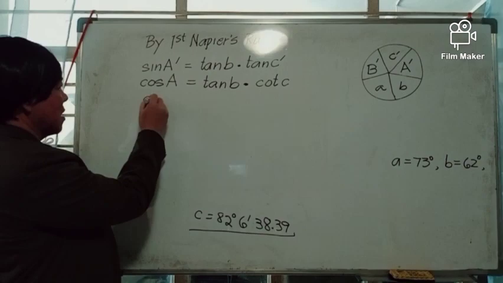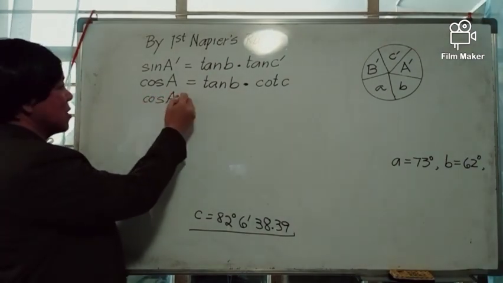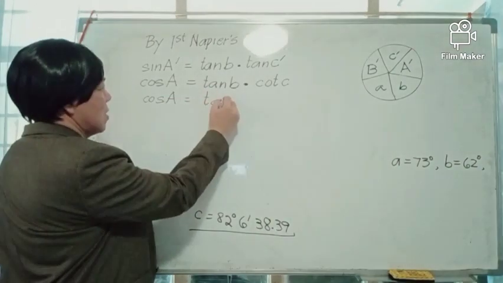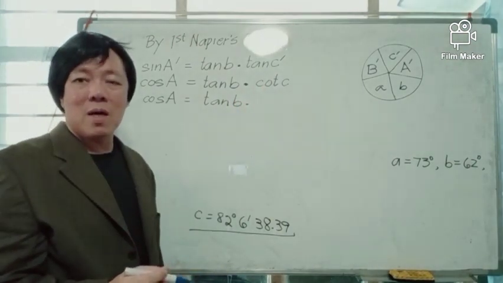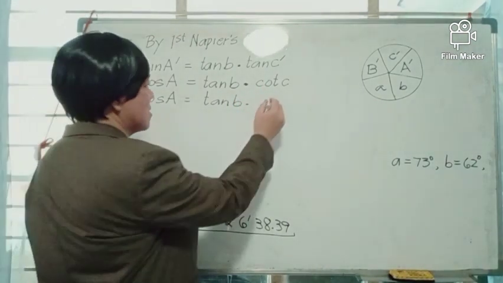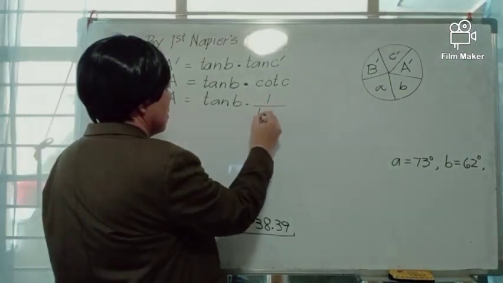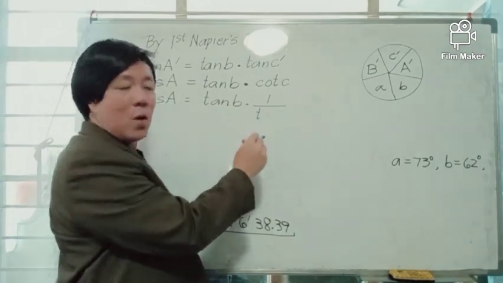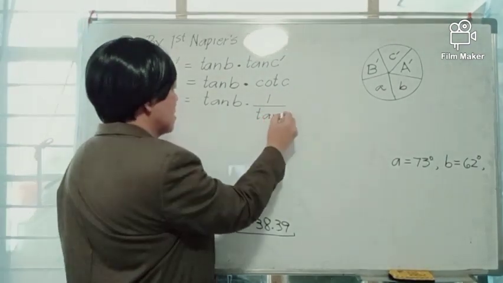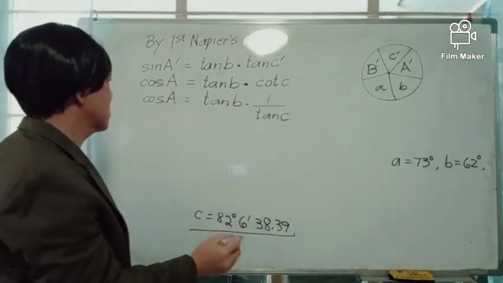We write cosine of capital A equals tangent of small b. Cotangent of small c by trigonometric identity is the reciprocal of tangent c, or cotangent c is 1 over tangent small c.